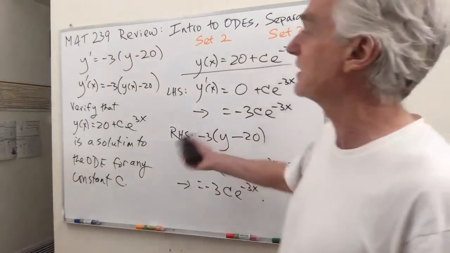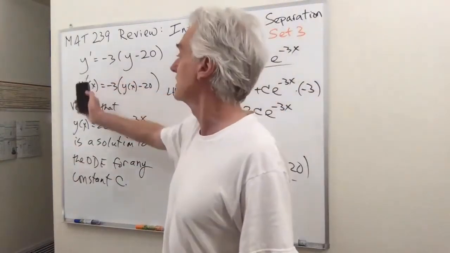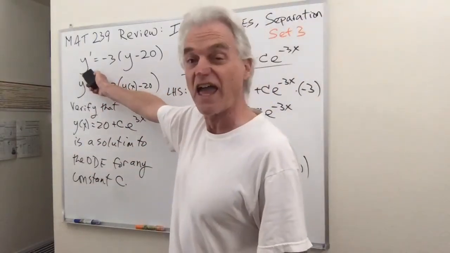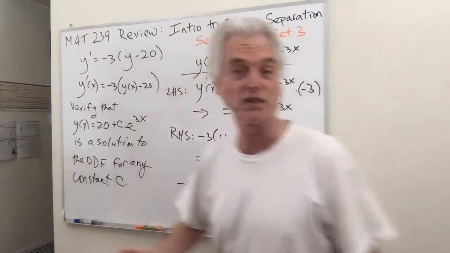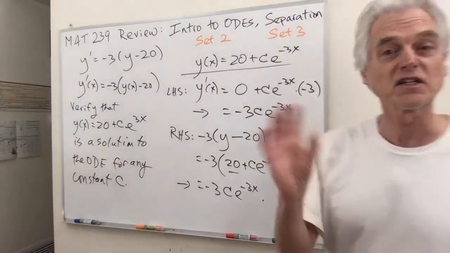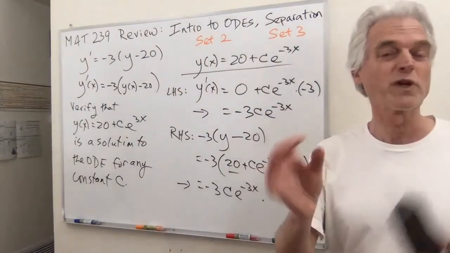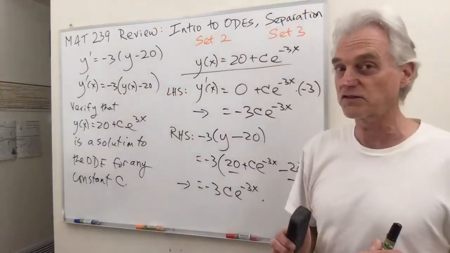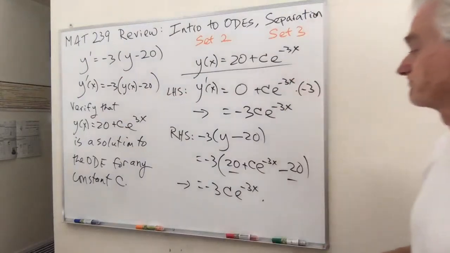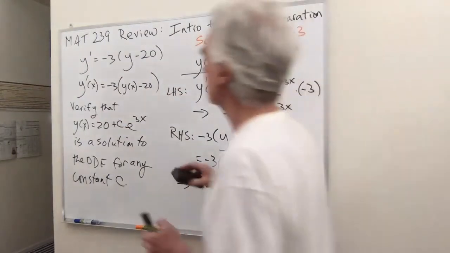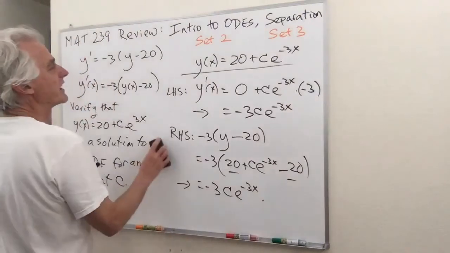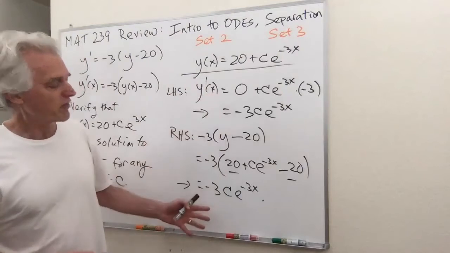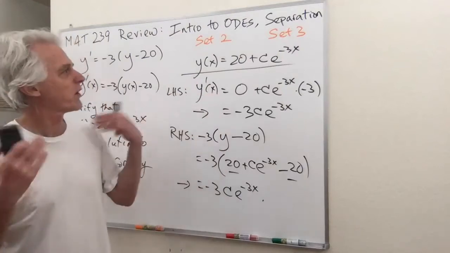Finding a function where if I substitute into the differential equation, I get the same function of x on the left as that function of x on the right. It's an equation that we call an identity. This kind of equal sign means it's true for all x. In fact, this whole thing sort of flashes before my eyes.